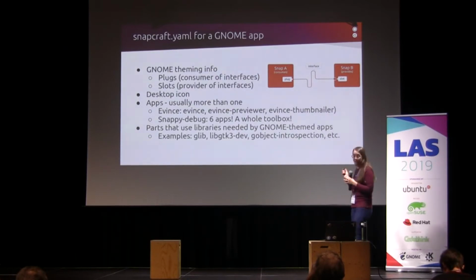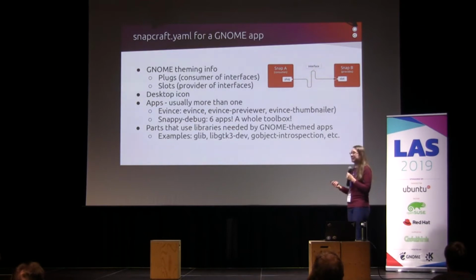I have found this picture to be very useful: a plug is the consumer of an interface and a slot is a provider of an interface. I actually have this printed out and hanging on my wall behind my monitor, so I look at it sometimes.